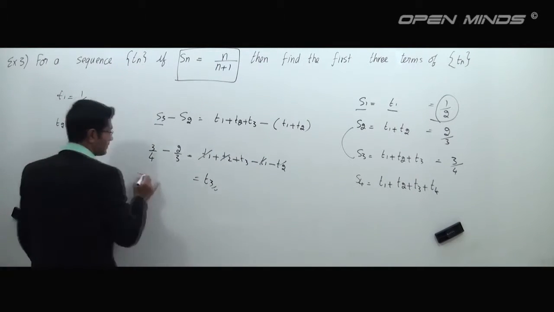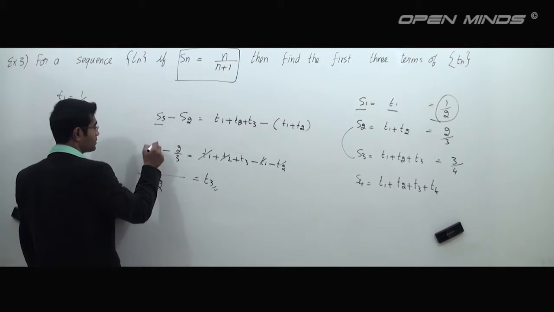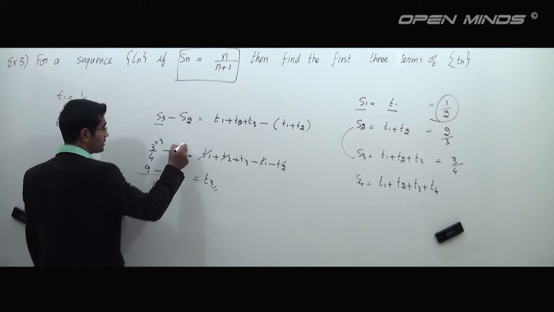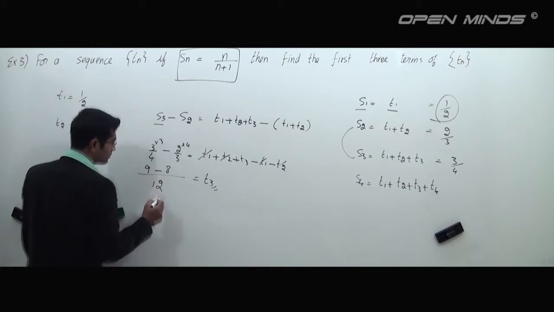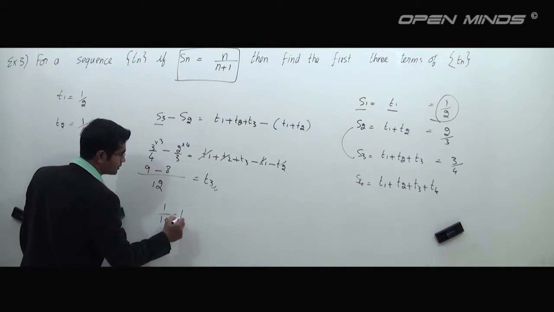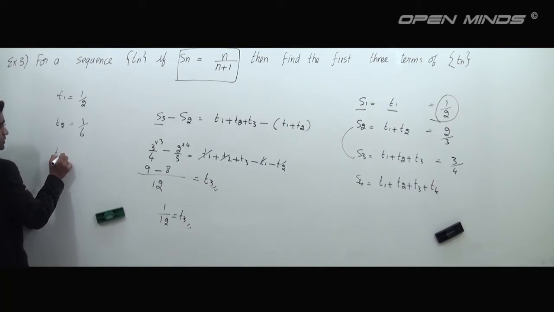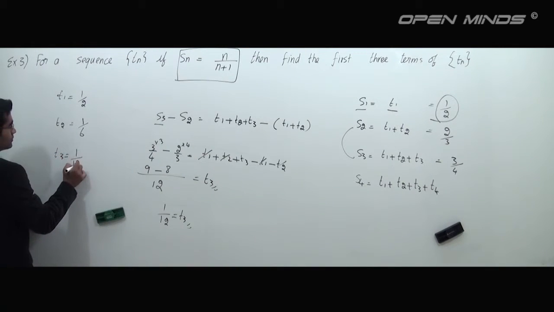The LCM is 12: 3 times 3 is 9, minus 4 times 2 is 8, so 9 minus 8 is 1 over 12. So T3 is 1 over 12. That's how it works.